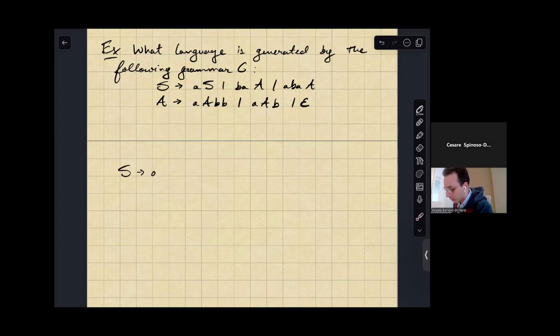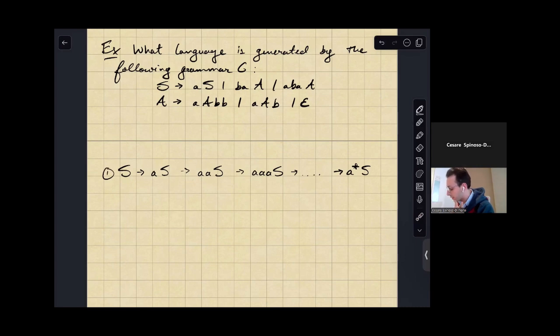I can generate one A, then replace S again by AS, and I get AAS, and again, so I can get AAAS, and so on. So what this tells me is I can generate any number of A's on the left of S. I'm abusing notation and using a regular expression here, but this means I can start at S and decide not to generate any A's, or I can generate any number of A's that I want. So that's the first thing I notice.